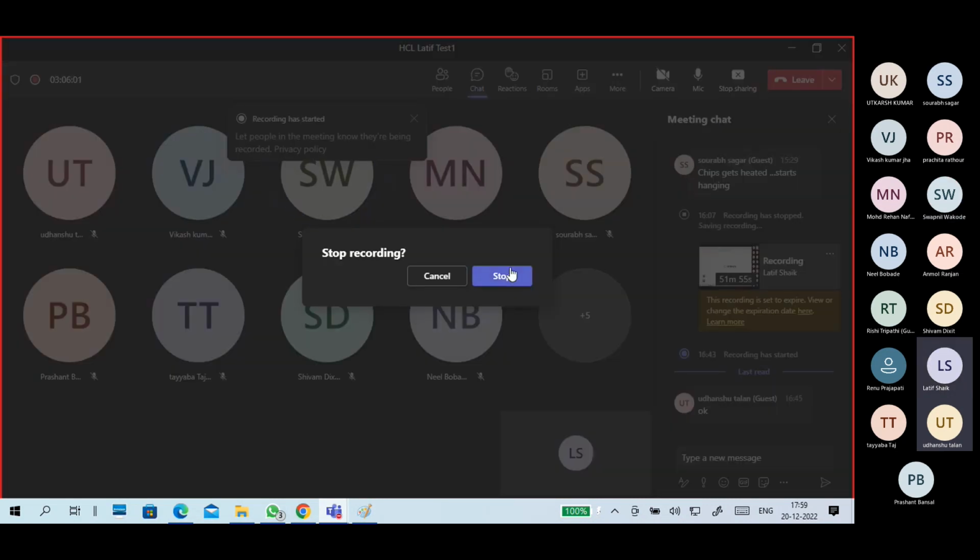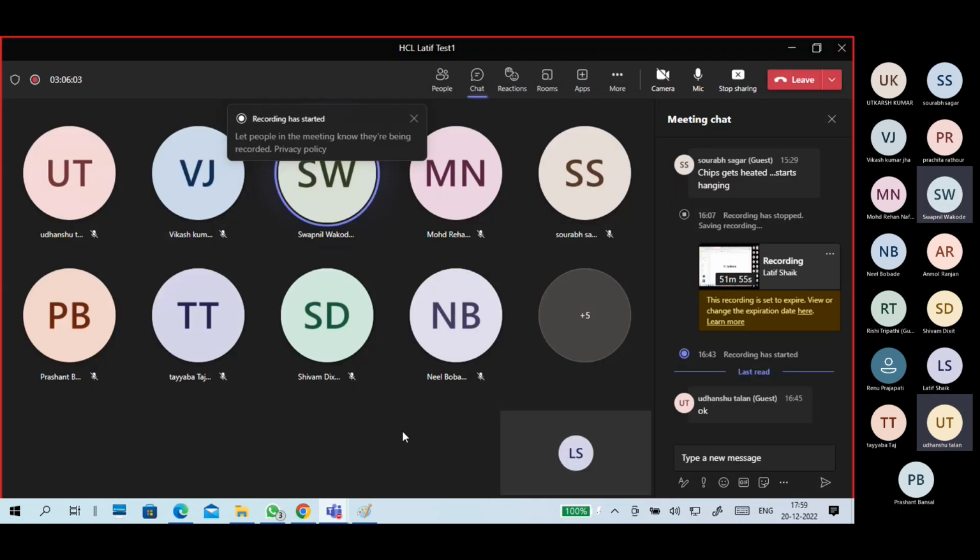Sir, up to this, which questions do we have to prepare for the interview from today's basic hardware PPT? Components. What is CPU? What is RAM? What is ROM? What is the difference between RAM and ROM? What is BIOS? What is hard disk? What is SSD?